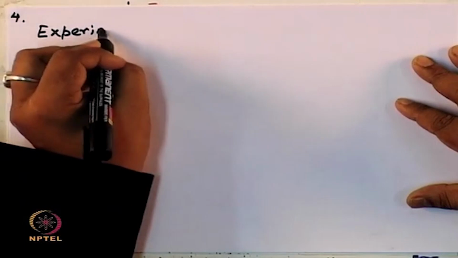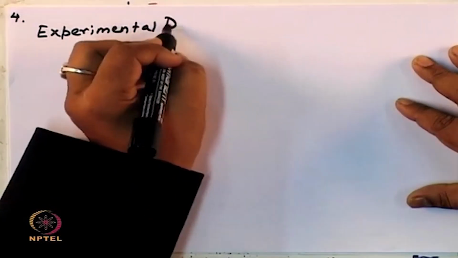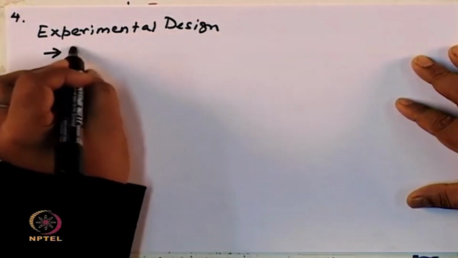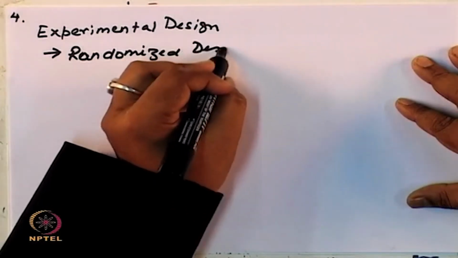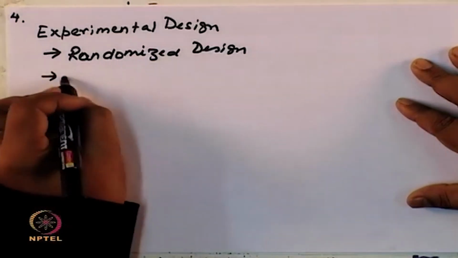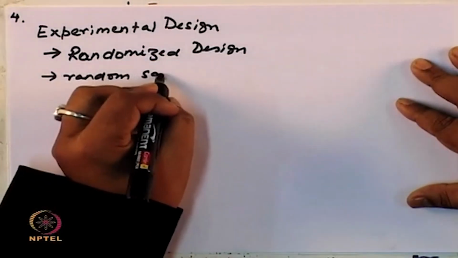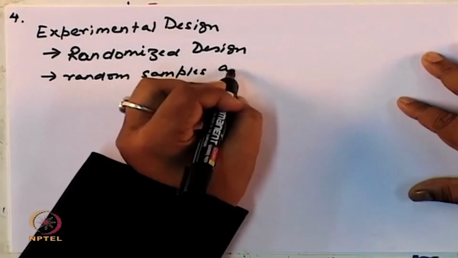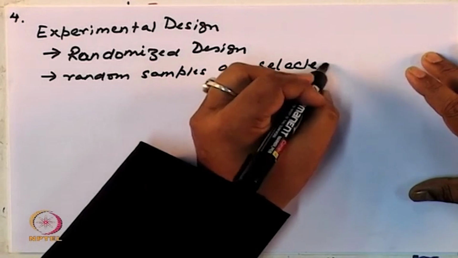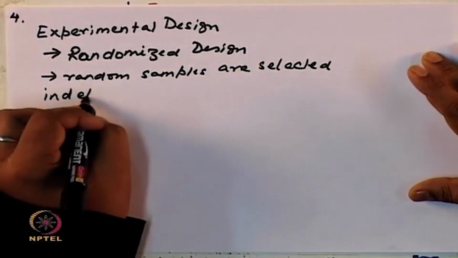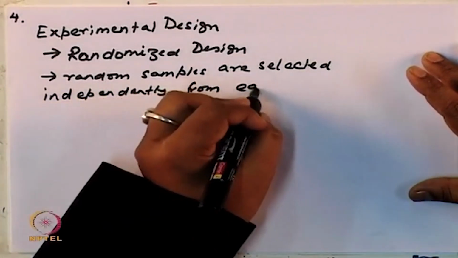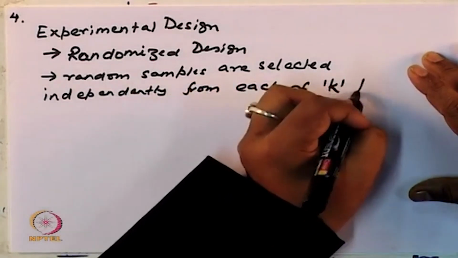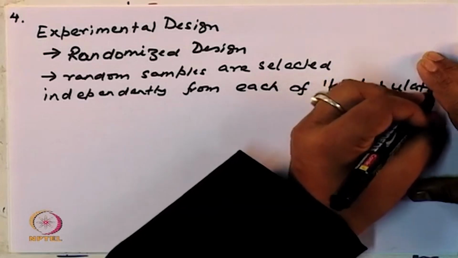One of the experimental designs is called the randomized design, where random samples are selected independently from each of k populations.